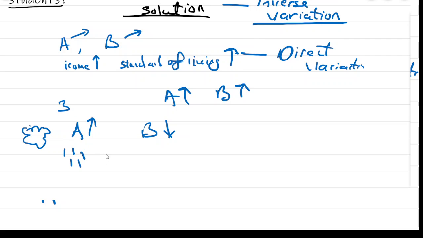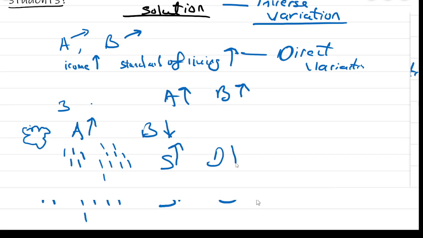But when you have 10 students to eat the same food, it may not even last a day. So as the number of students increases, the number of days the food can last will decrease. This is a problem of inverse relationship, inverse variation.